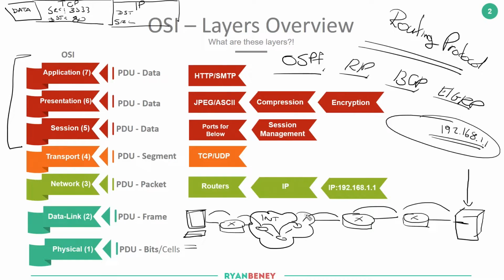These are languages that these routers speak to one another to advertise what IPs they know about. So this particular router knows, if I want to get to 192.168.1.1, pass it to this guy, who knows to pass it to this guy, who knows to pass it to this guy, and so forth, until it reaches essentially the destination IP address.